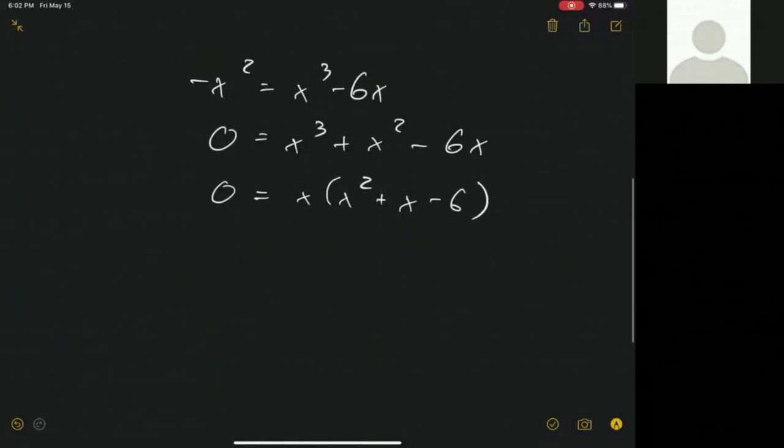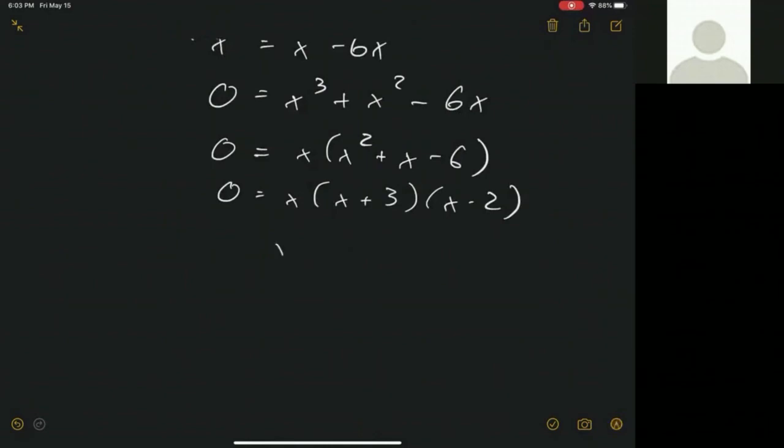Okay, so I factor out an x, then that quadratic I can factor further. That would be this. And so this has solutions x equals 0, x equals -3, x equals +2.